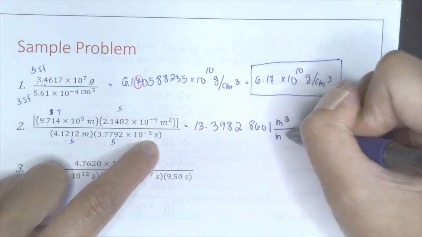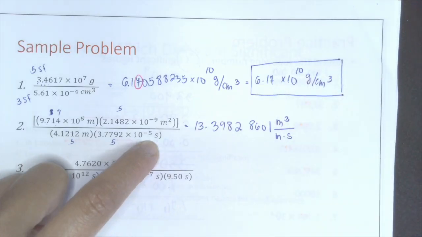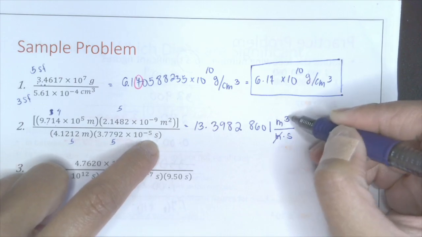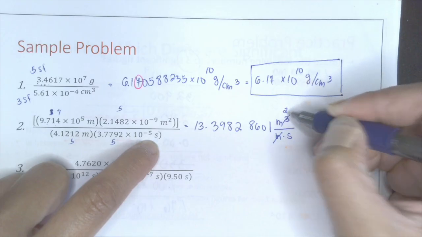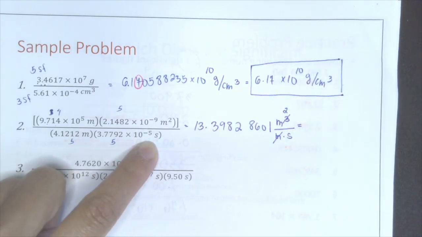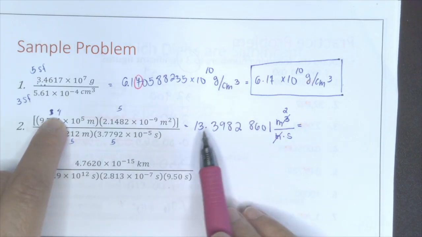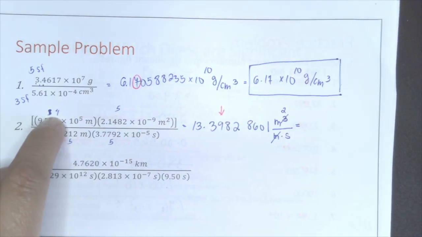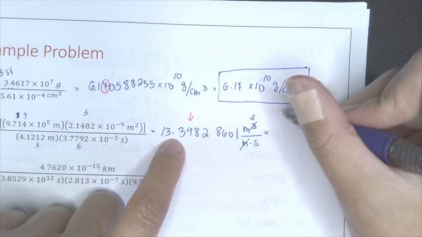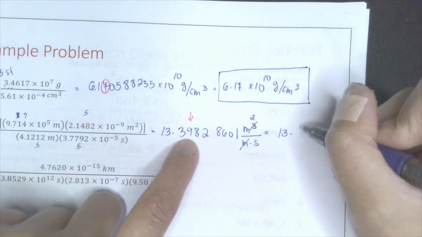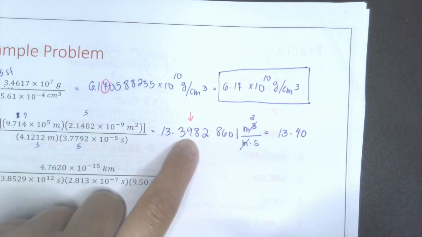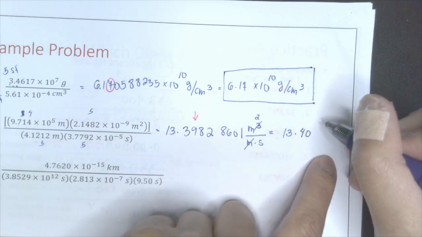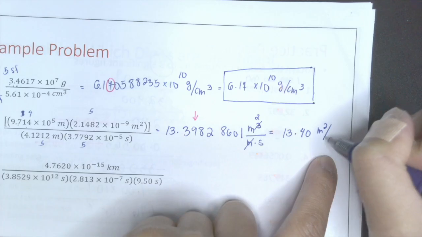So we're going to have to do m·s, but the m's will cancel out, so we're going to cancel out one of the m's. So instead of third, now it's just going to be to the second. Also, we only need 4 sig figs, so that would be 1, 2, 3, 4. So we're going to have to round it to that value. So our final answer is going to be 13.40, and that's still the right amount of sig figs because that 0 will count. It's after the decimal point. And our units are going to be meters squared per second.